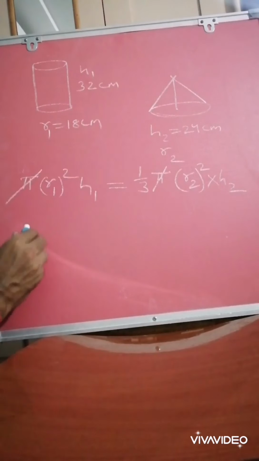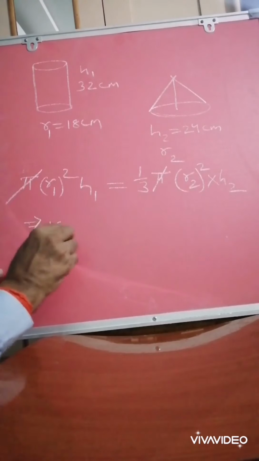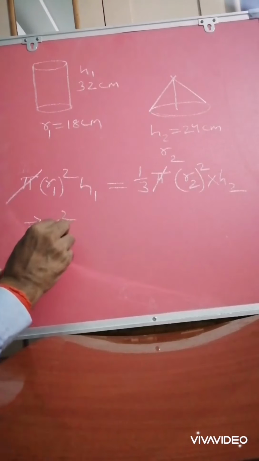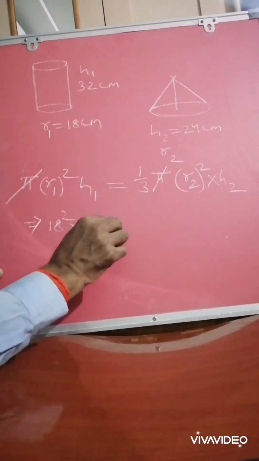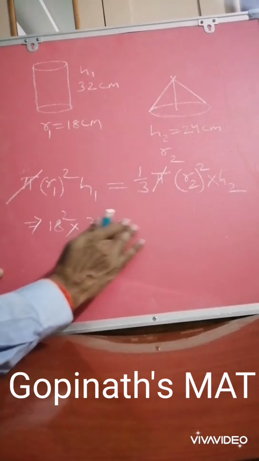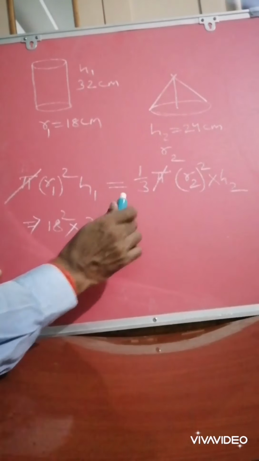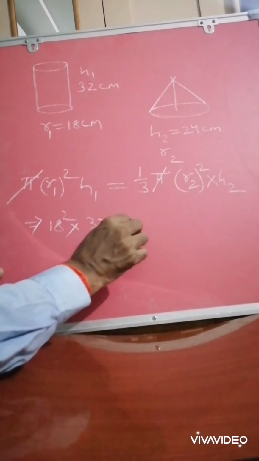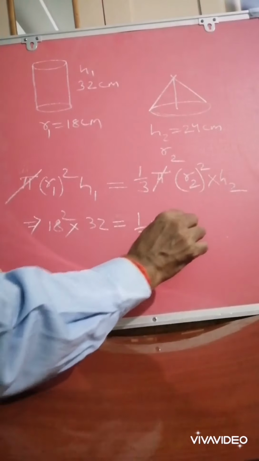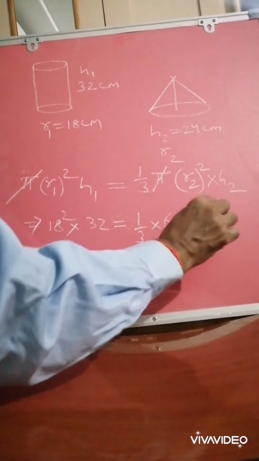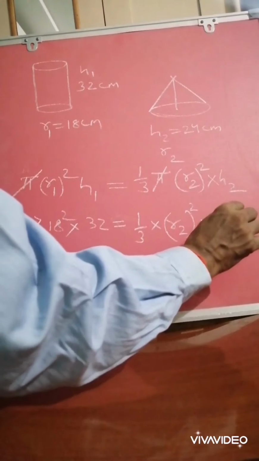R1 is given as 18, so 18 square, height is given 32, is equal to 1 by 3 into R2 square into H2, height is 24 given.